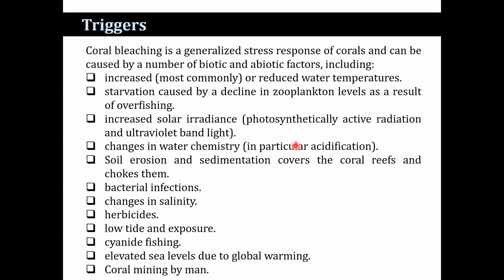While most of the triggers may result in localized bleaching events, mass coral bleaching events occur at a regional or global scale and are triggered by periods of elevated thermal stress resulting from increased sea surface temperature.